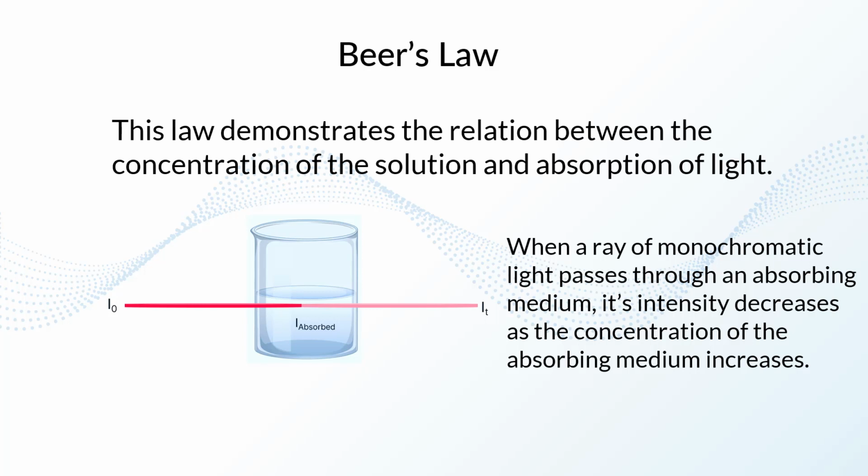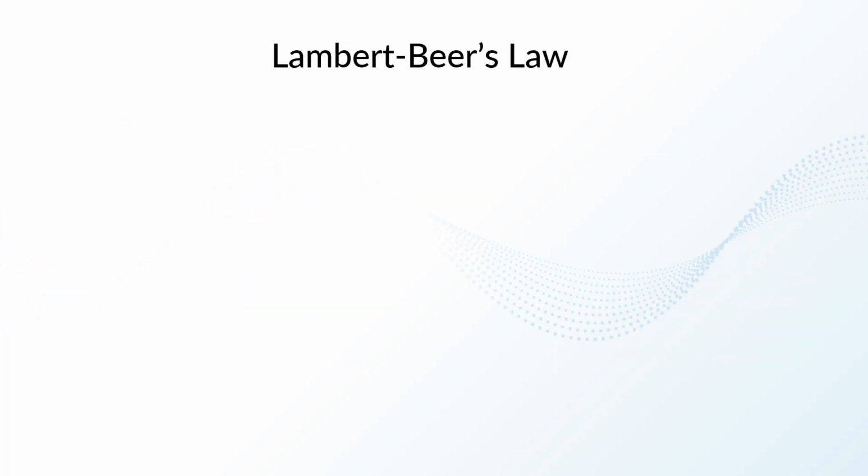This we call Beer's law, which connects the concentration with the amount of light absorbed. In the earlier case, we saw the relation between the amount of light absorbed and the thickness of the medium. These were two independent laws, and then they were clubbed together to give what we call the Lambert-Beer law.